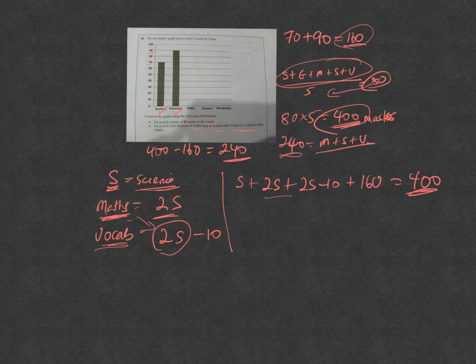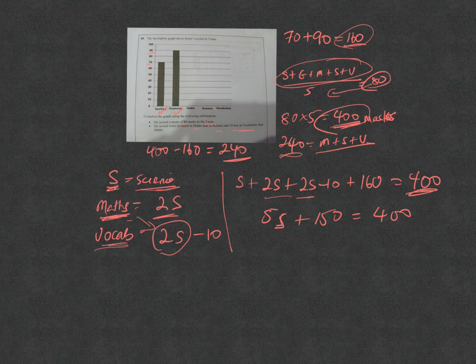So 2S plus 2S is 4S plus 1S will be 5S. So minus 10 plus 160. So that's basically 150. 5S plus 150 would be equal to 400, right?